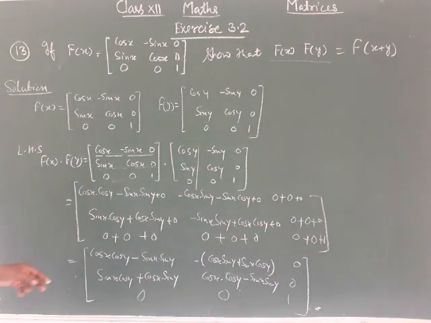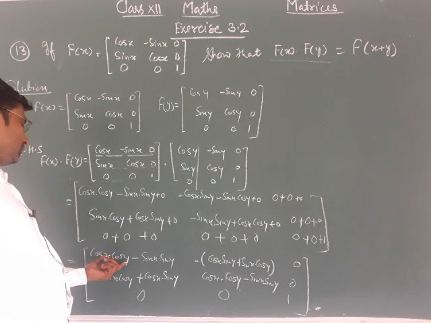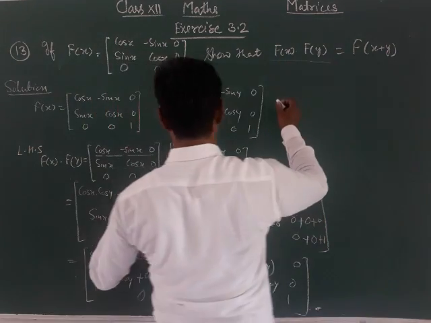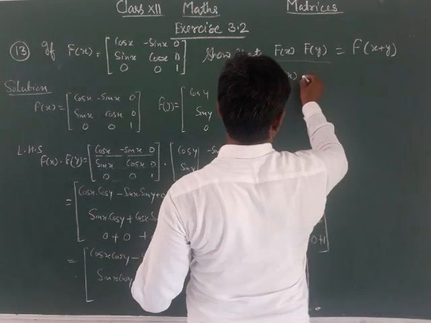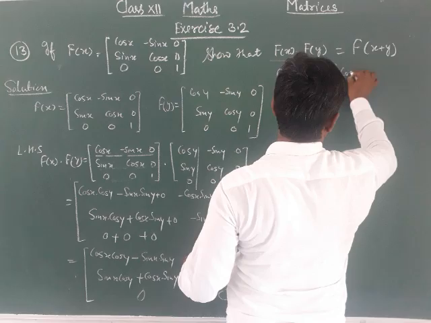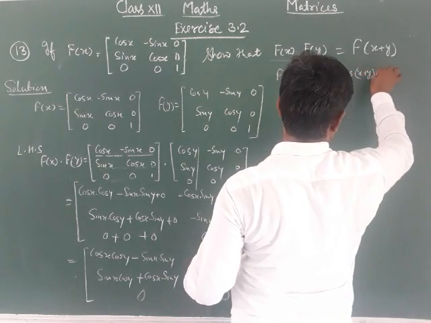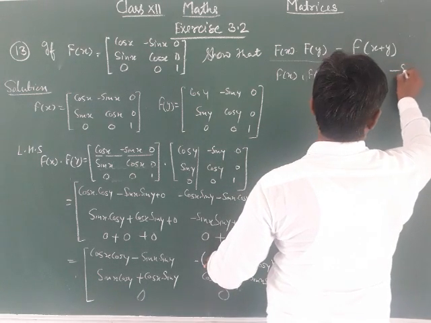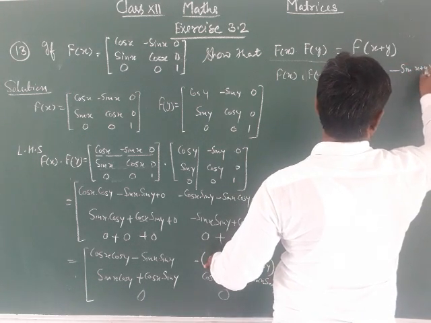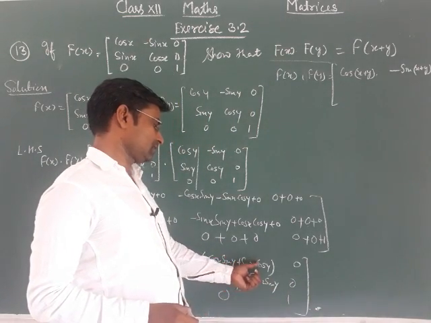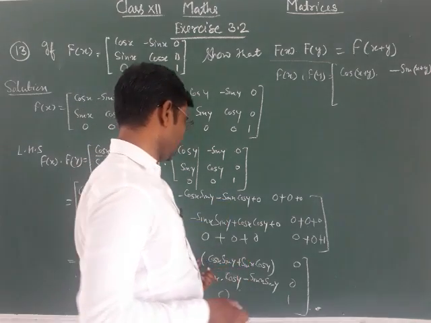So now use the identity in trigonometry. So this is cos(x plus y). So f(x) into f(y) is equal to cos(x plus y), and also minus sin(x plus y). So this is the identity, cos x sin y plus sin x cos y, this is sin(x plus y), so minus taking.